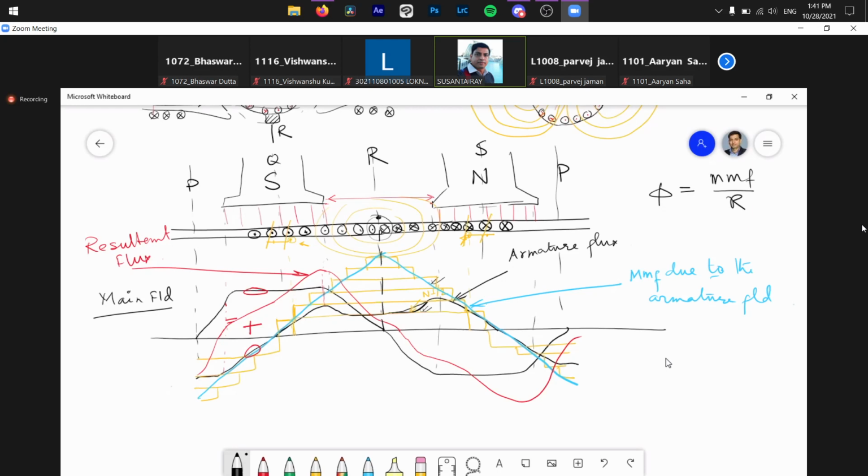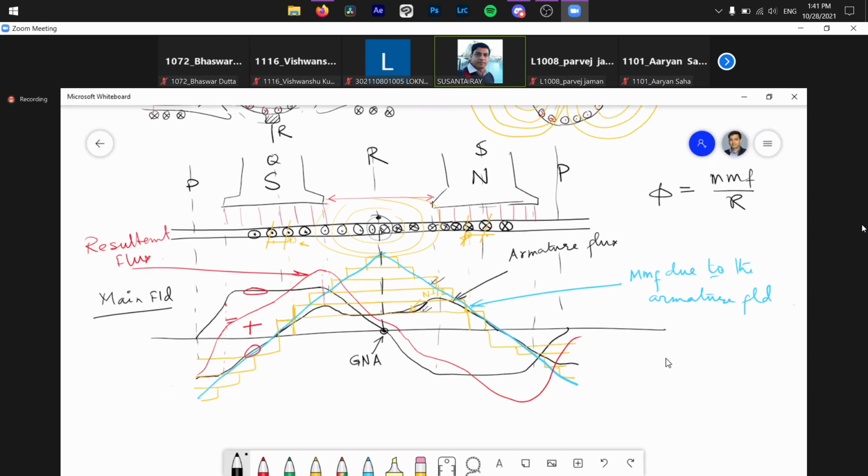This was the previous neutral because the main field MMF was passing through that point. So that was the zero crossing previously. This is the previous magnetic neutral, also called the geometric neutral axis.